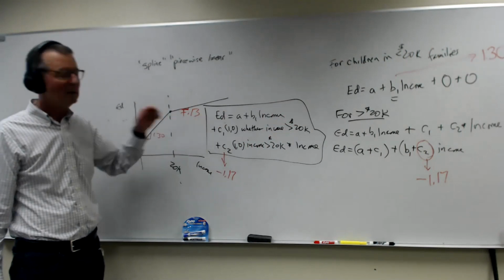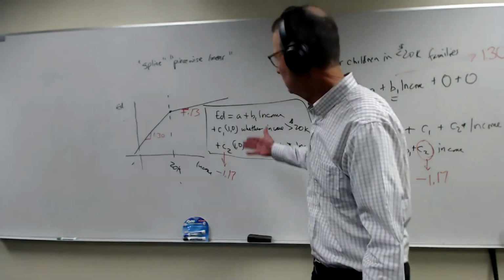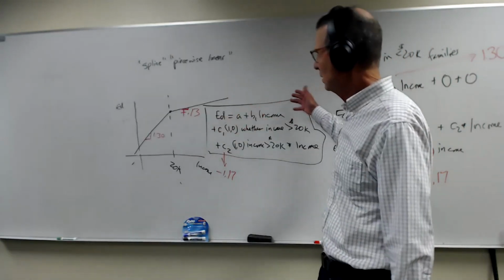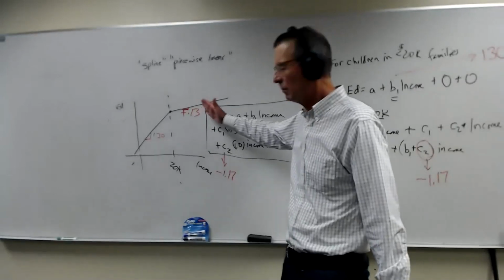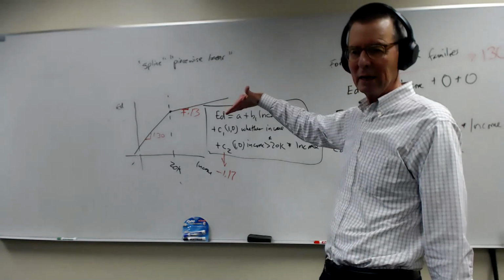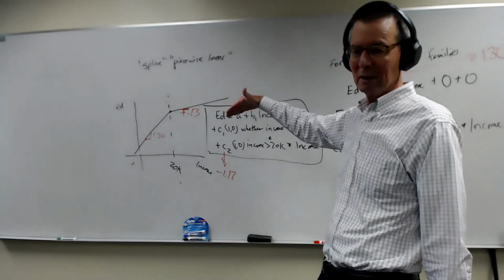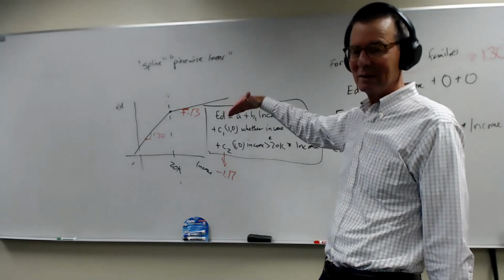But if you just think about it, we've got 80+% of the observations above 20,000, and when we just fit an overall line, the slope was 0.14, the standard error was 0.02, and that was a highly significant coefficient.